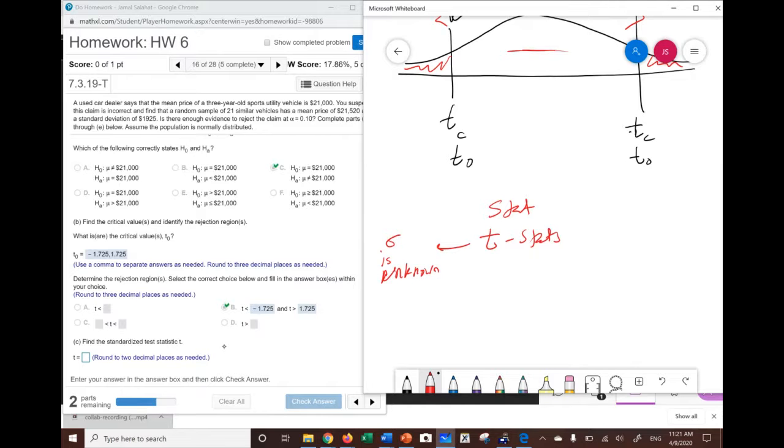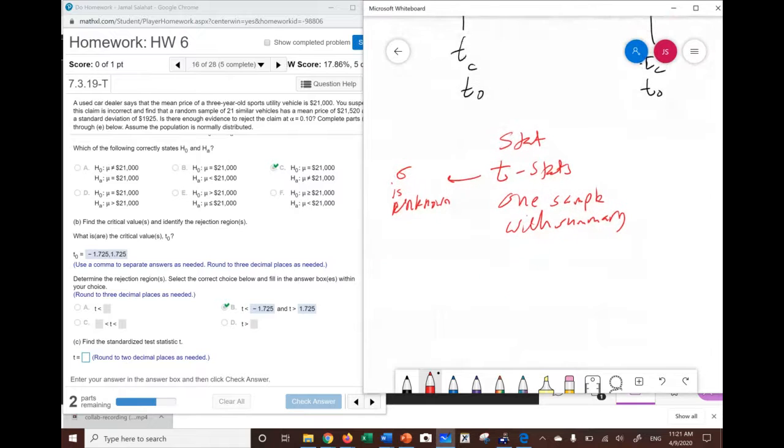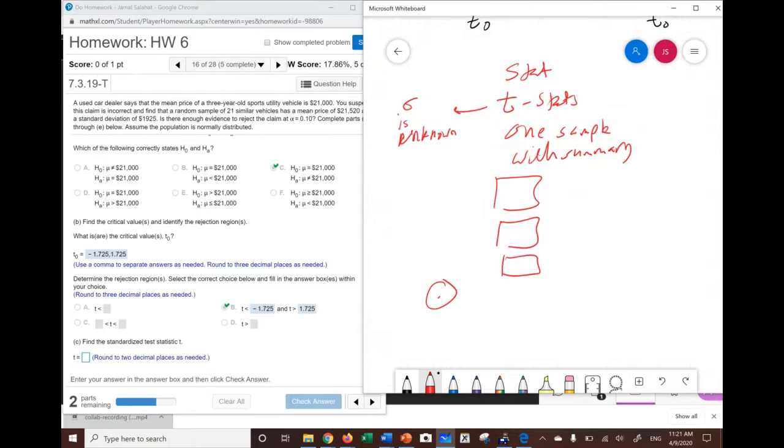That's the reason why T stat, one sample, with summary, because the summary is given in this case. Then after that, when we go in there, we fill the 3 boxes that we are given, and then we circle the test, and we fill H0 and HA as given in the problem. Then after that, we compute. So let's just do this here.